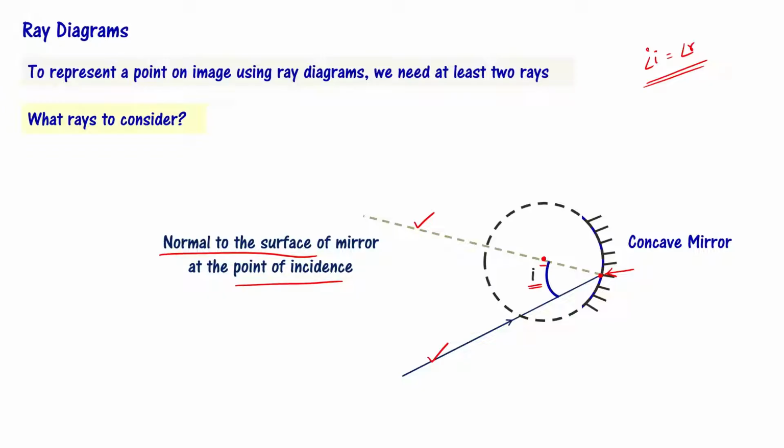So let me draw angle r using a protractor. I know angle r is this much, that is equal to angle i. Now I have to connect the point of incidence and this particular point such that my reflected ray is drawn.